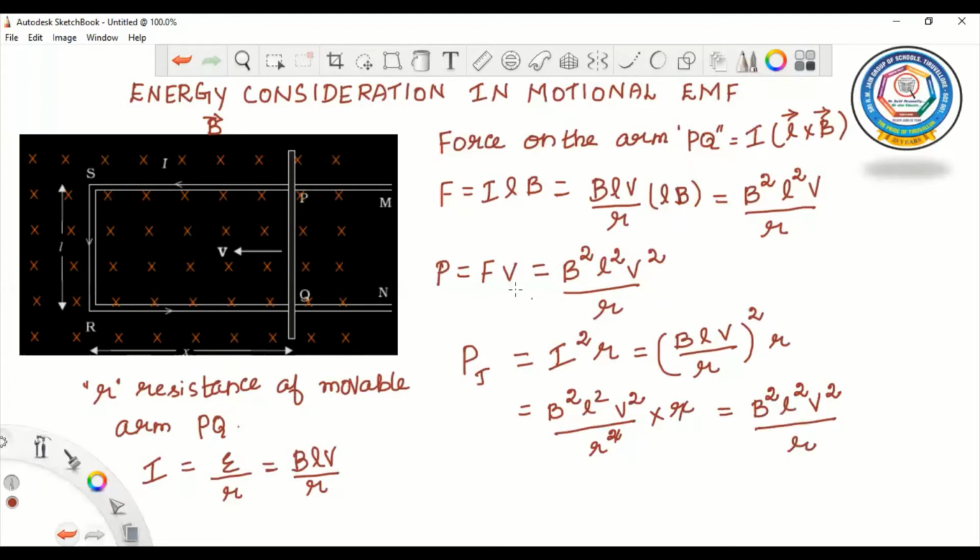Already we got power equal to B square L square V square by R, and again we got B square L square V square by R.